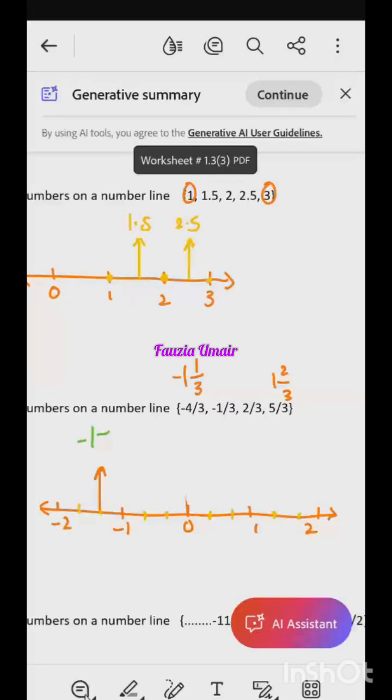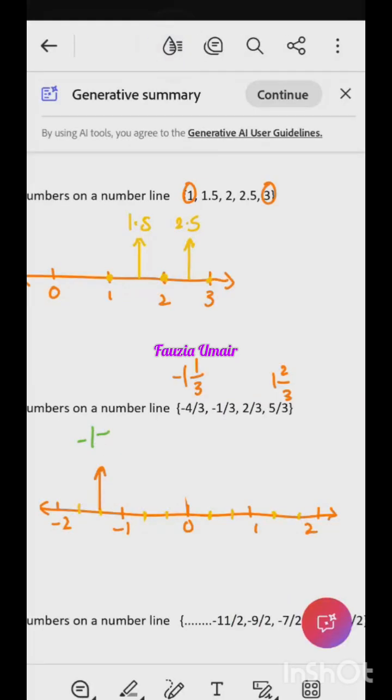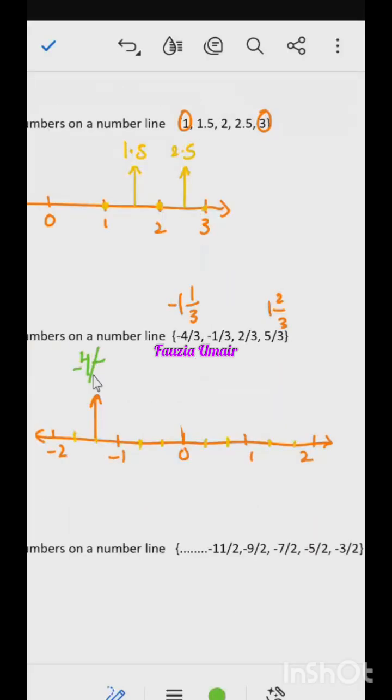So this is 1 whole 1 by 3. So I should not be writing 1 whole 1 by 3. Rather, I should write minus 4 by 3. Okay? So this is the portion where minus 4 by 3 is there. Okay? And minus 1 by 3.